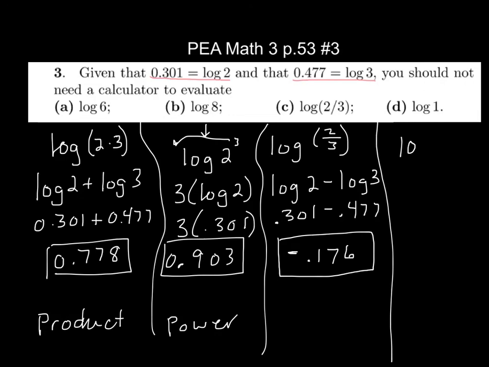Yeah, so this is saying 10 to some power gives you 1. So that has to be x equals 0. So 0 is the answer. Basically, whenever you have a log 1, it's going to equal 0, because whatever your base is, some base to some power gives you 1. It's always going to be 0.